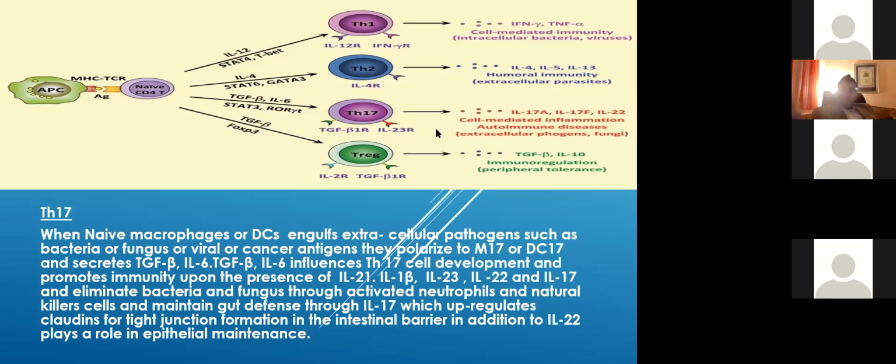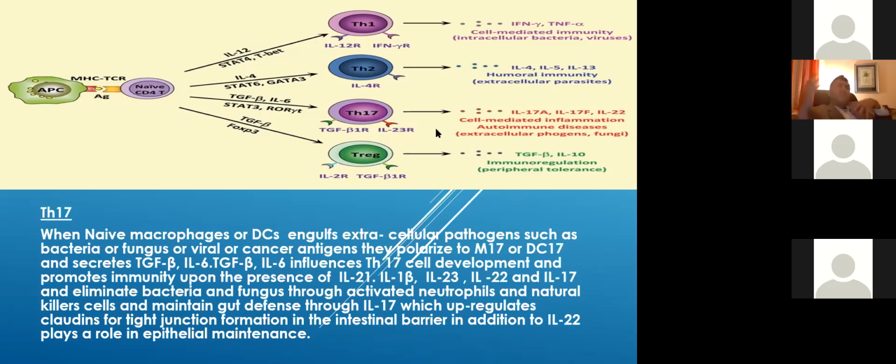They secrete chemicals, especially interleukin 22, that help to heal the gut. We need that, right? Also, they recruit neutrophils, and neutrophils help to kill the bad germs in the microbiome that we don't need there.